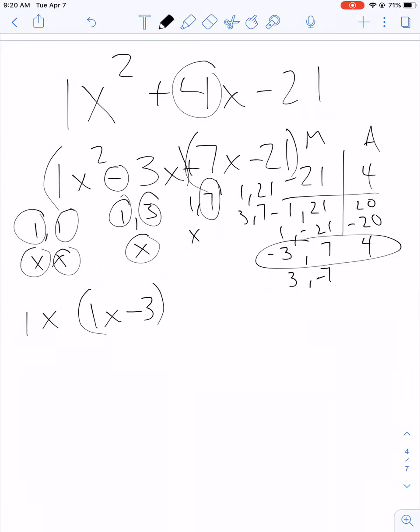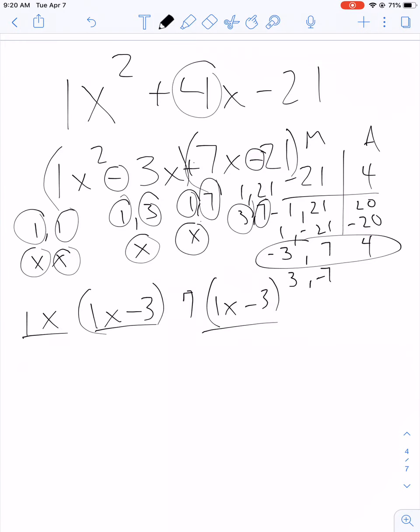So it looks like it's 7. Positive x, or positive 1x, sorry, and negative 3. Are these the same? They are, so that goes out in front. We're done with it. What's left over? 1x and positive 7.